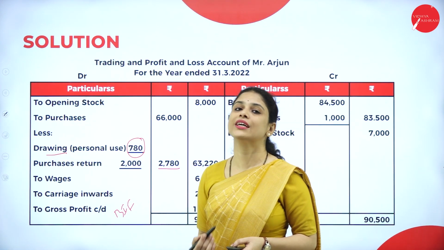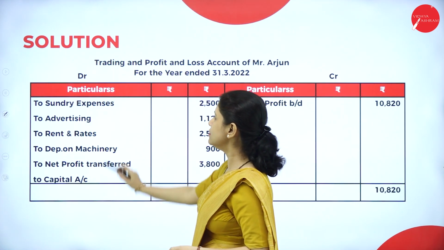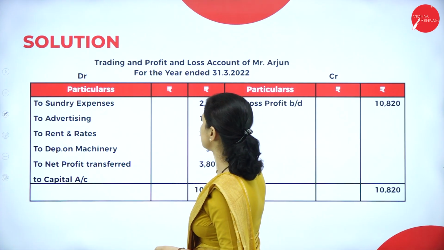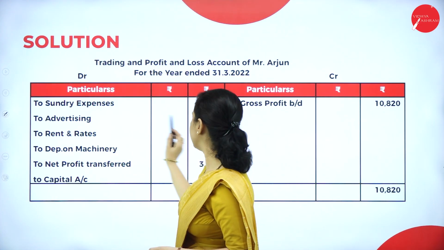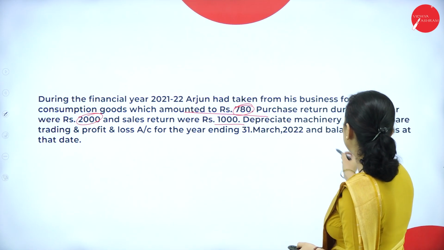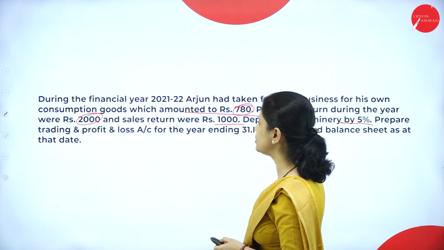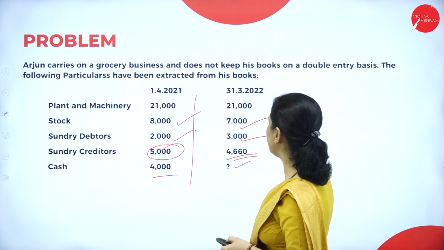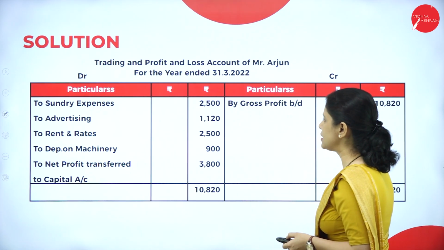The profit and loss account will be the continuation of the trading account. So what all items will come here? Expenses: sundry expenses 2,500, advertising 1,120, rent and rates 2,500. Depreciation on machinery: let us see. Depreciate machinery by 5%. How much is the machinery? Plant and machinery is 21,000, so we have to calculate 5% on that.